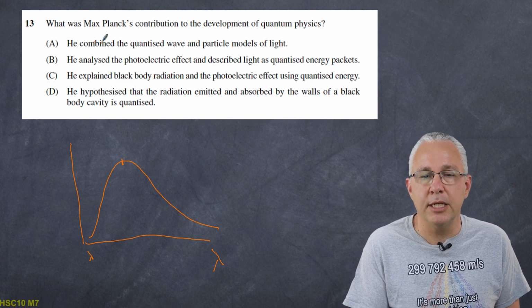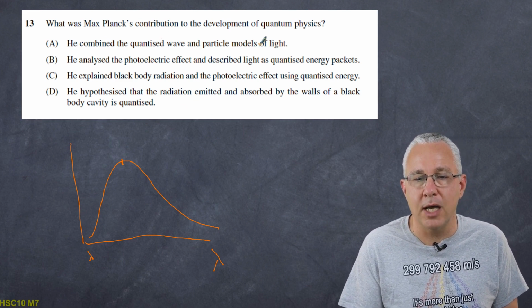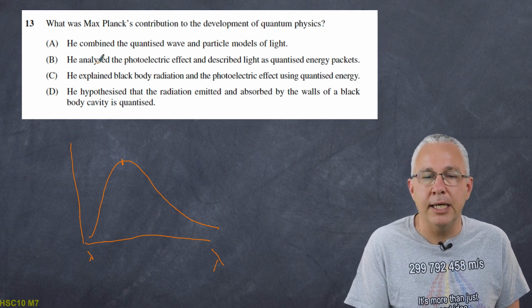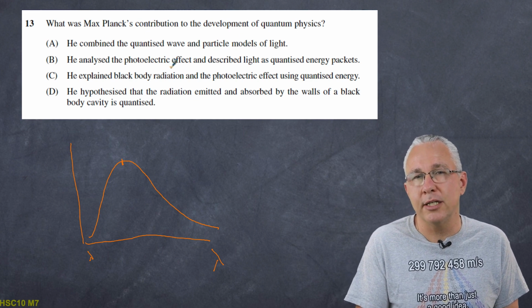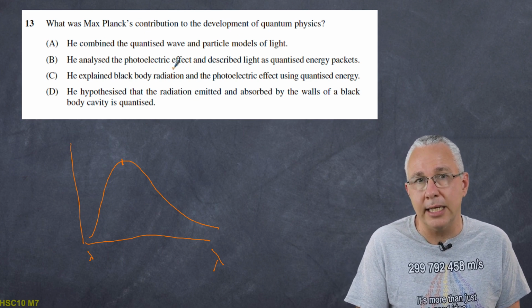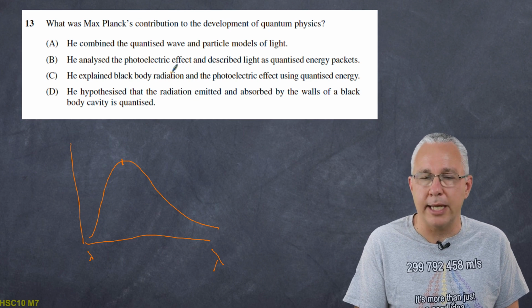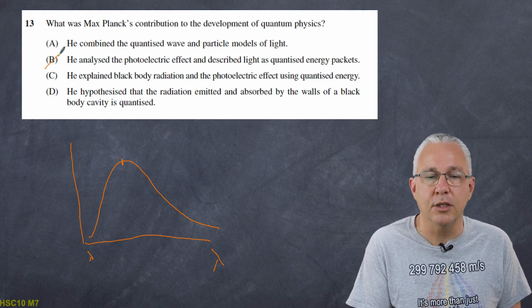If we look at the options, A, he combined quantum wave-particle models of light. That's not correct. B, he analyzed the photoelectric effect. No, that's not correct, because Einstein developed the understanding of the photoelectric effect on the basis of Max Planck's work. So this is not correct.